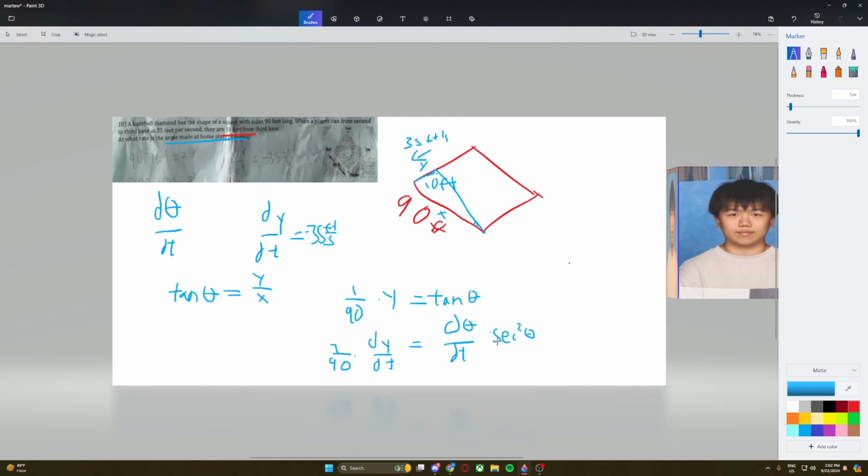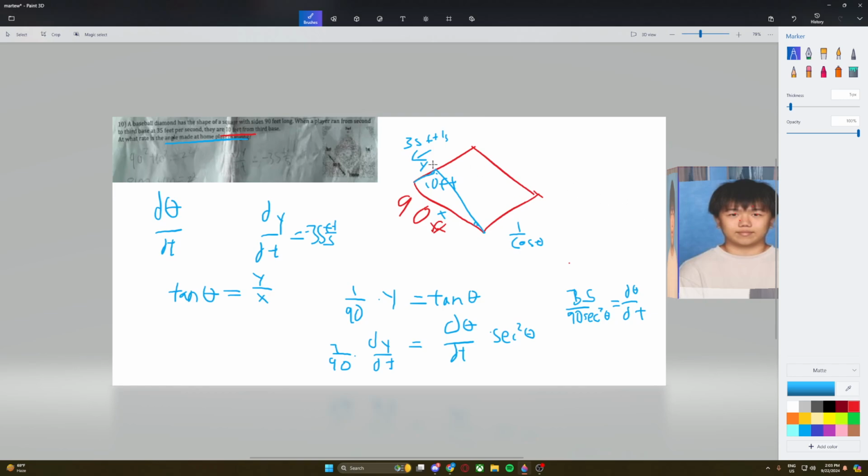Then we divide by sec squared theta on the other side, and we'll get 1/90 times dy/dt, which is 35, over sec squared theta, equals d theta over dt. And sec is 1 over cosine theta.